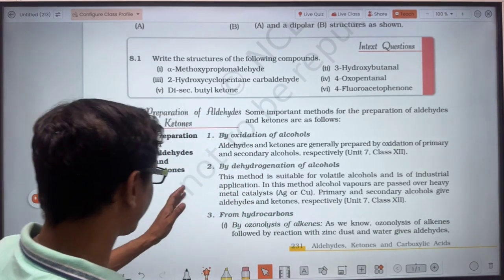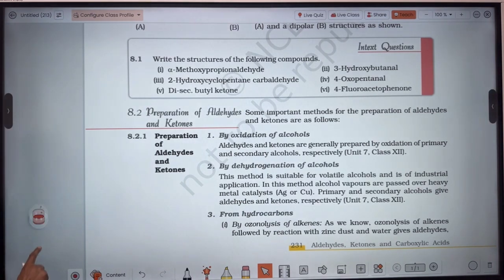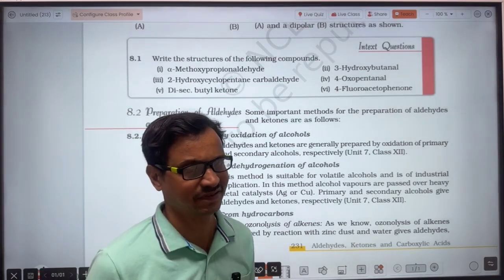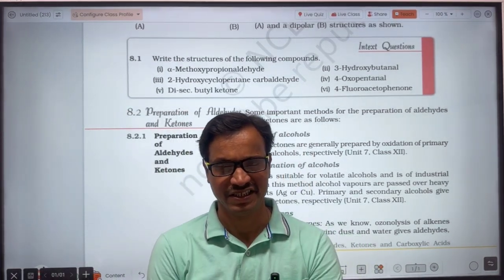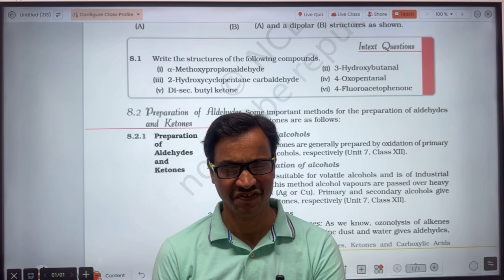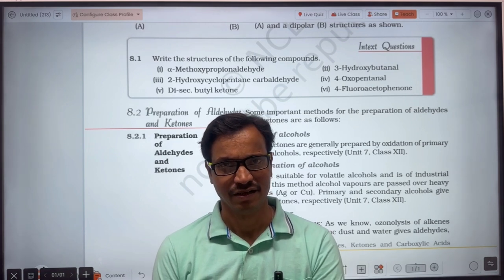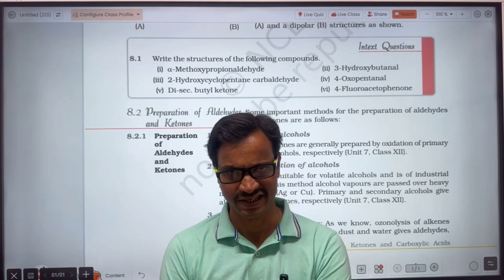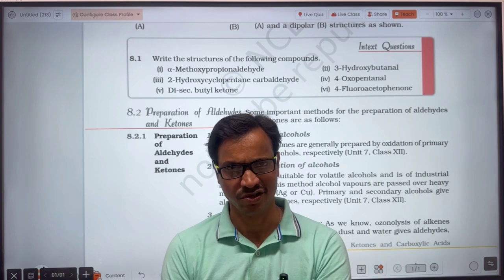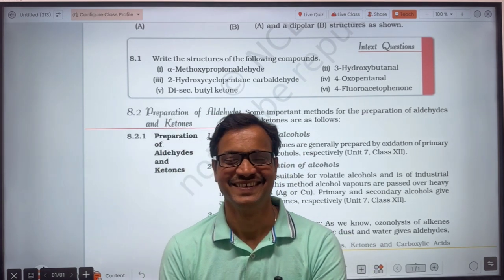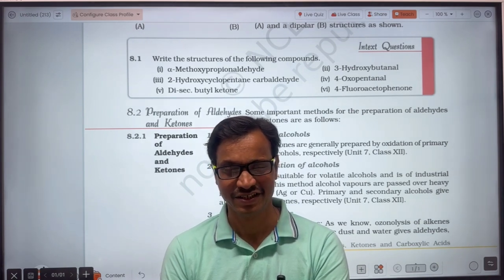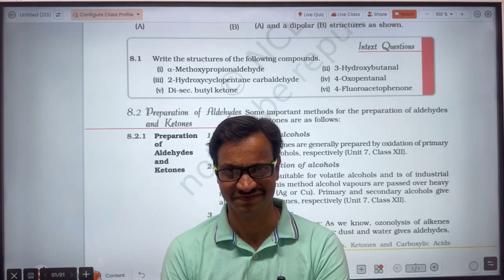So let's see. First one is by oxidation of alcohol. You are already aware from when we discussed the chemical properties of alcohol that on oxidation, the 1-degree alcohol gives aldehyde and the 2-degree alcohol gives ketone.